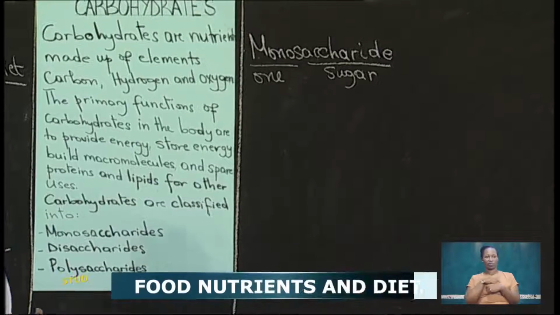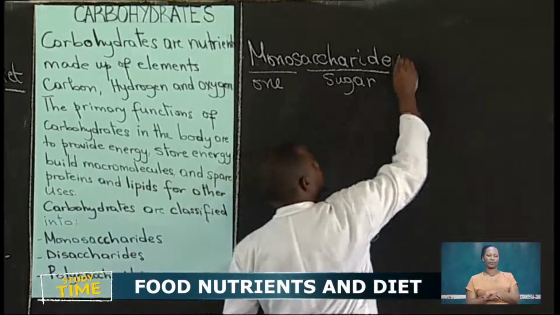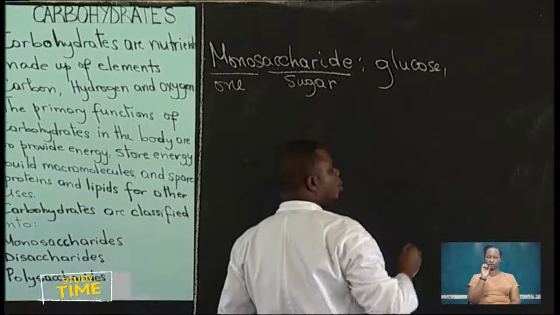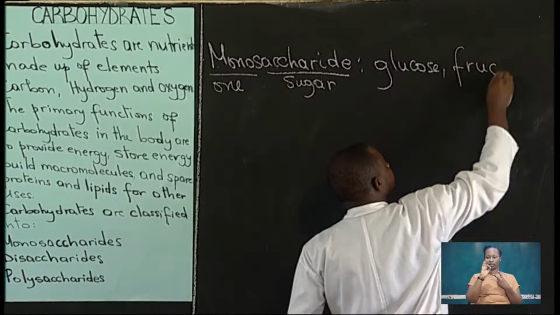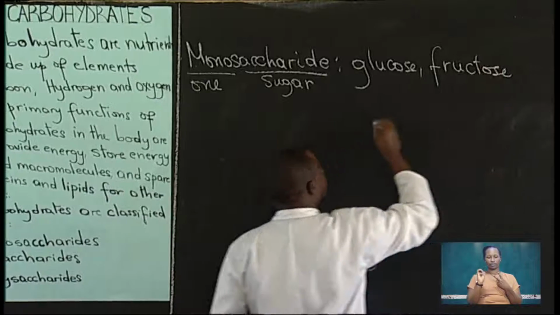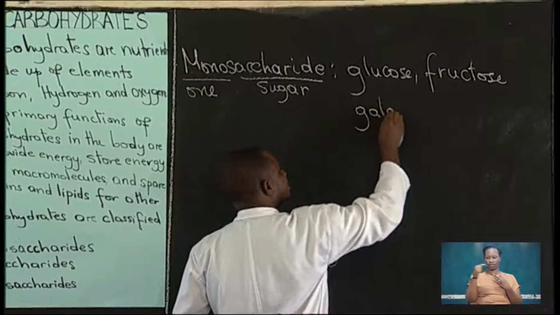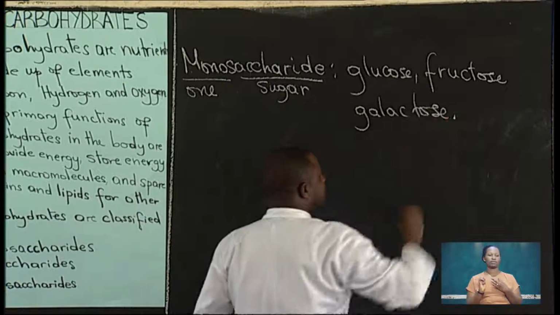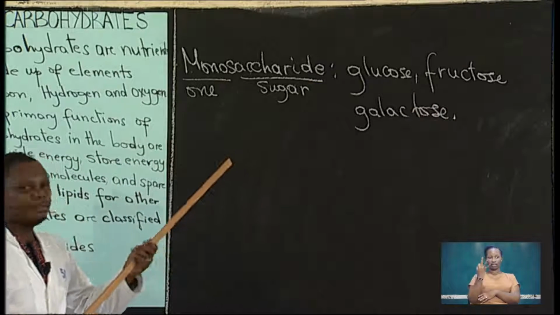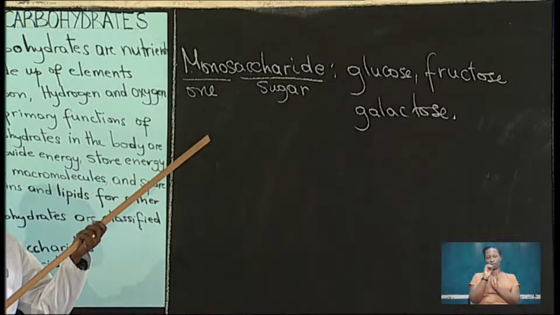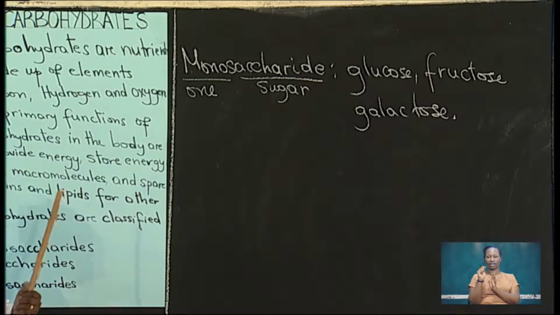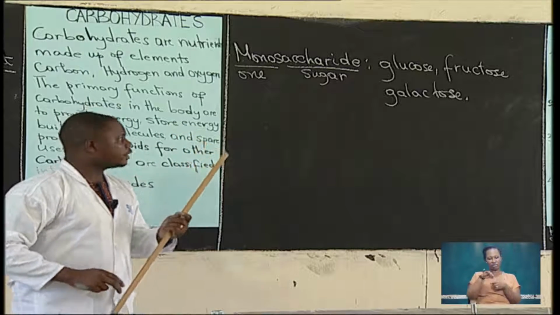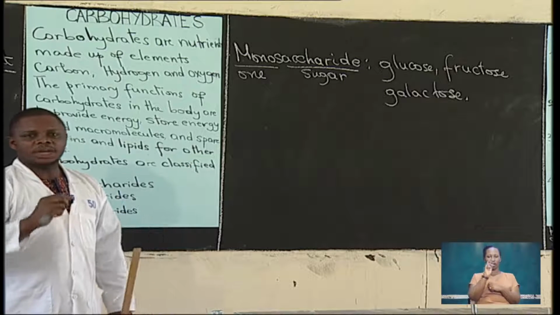We can give examples: glucose, fructose, and galactose. These are three examples of monosaccharide sugars. We can also call them simple sugars. They are made of carbon, hydrogen, and oxygen.